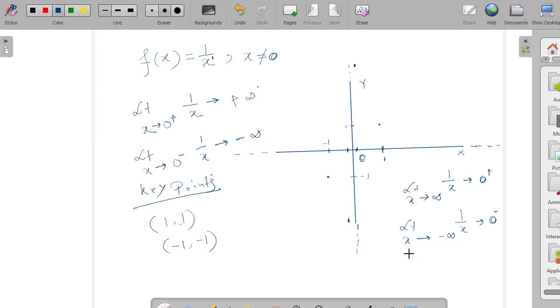So we could readily see that these are the end behaviors of the graph. At x equals infinity, we have the graph like this, and as x approaches -infinity, we have this. Y is approaching towards a negative value like this.